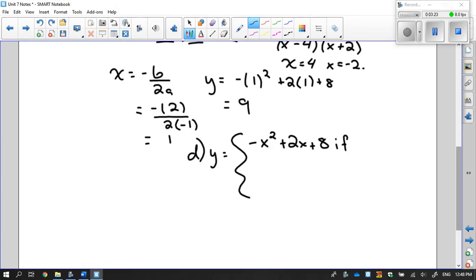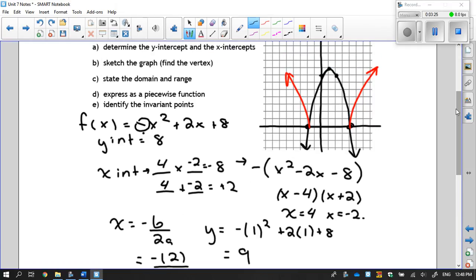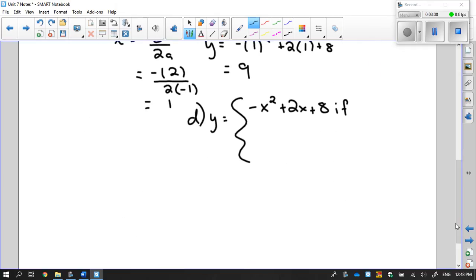So where does this guy exist? Where does the black part exist? Well, it exists from here. So at x is equal to negative 2 and here, but just within these points, so at negative 2 to 4. So if x is within these bounds.